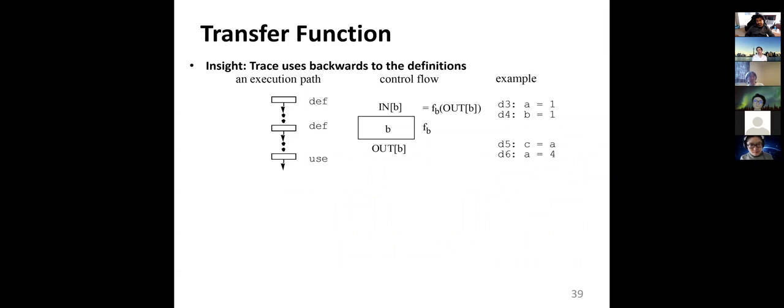We want to go from the uses up to the defs. So if I had an execution path like def and then use, the way we identify the input is based on my output, not the other way around. It's still data flow analysis, but input and output change their positions. My input is defined based on my output.